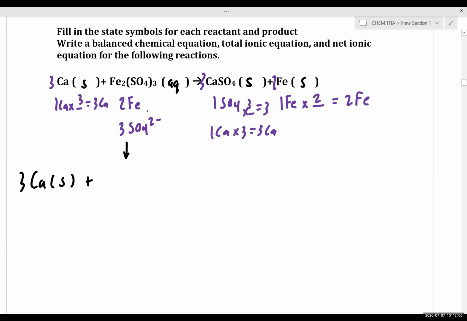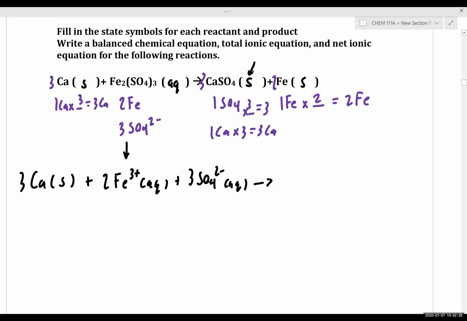And the reason why I like to balance by counting ions is it lets me very quickly shortcut and just write out the number of each ion and the charge that I spent a lot of effort generating earlier. It's always important to think about ways to improve efficiency. Okay, calcium sulfate.